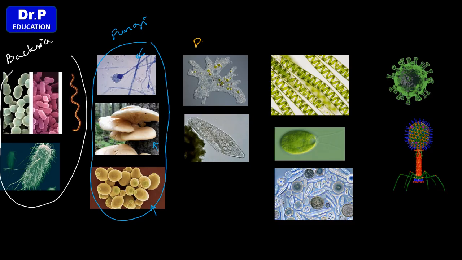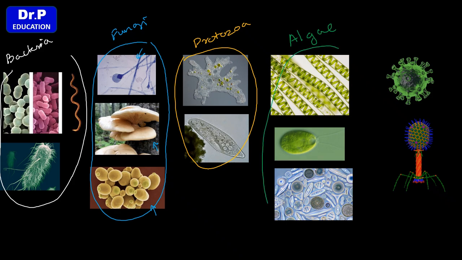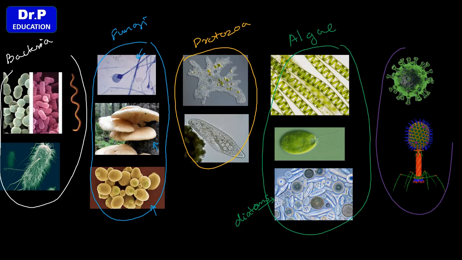This is how protozoa look under a light microscope. These are some examples of algae. And this is what diatoms look like. And the virus particles, they also come in various shapes.